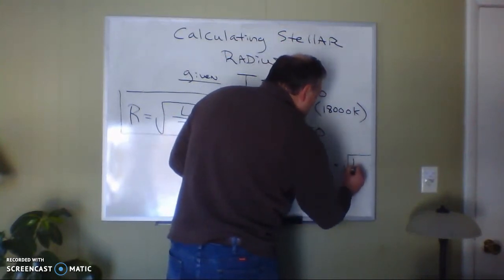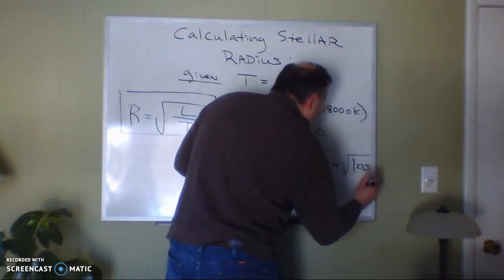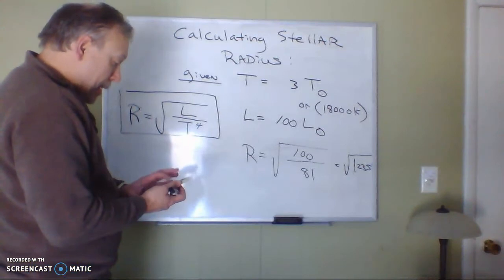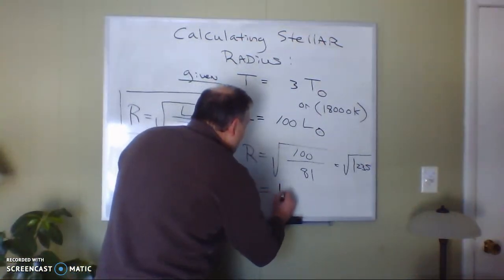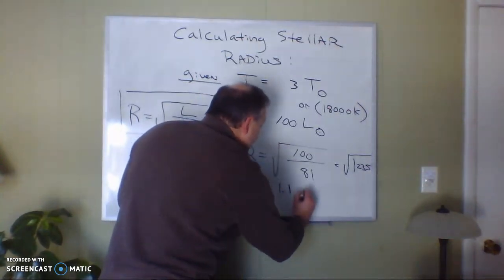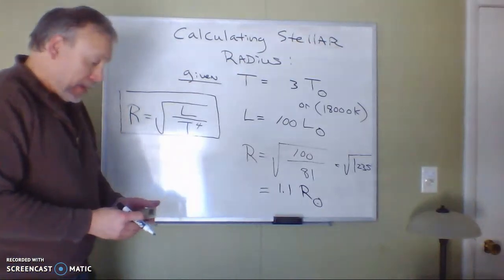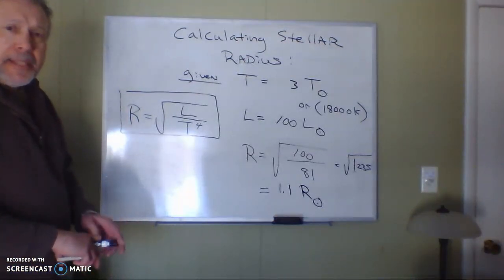But it's basically the square root of 1.235. And so when we go ahead and take the square root of that, we find that the answer is about 1.1, repeating. So 1.1 times the radius of the sun. So it's just a tiny bit bigger than the sun in terms of radius in this example.